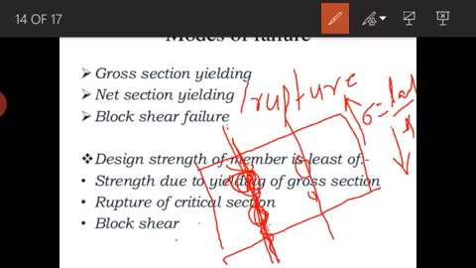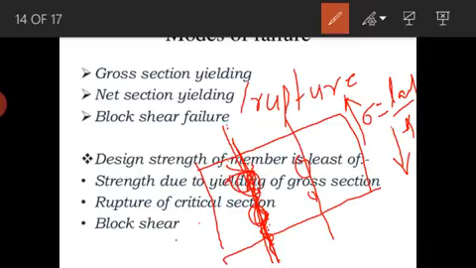To take care of this rupture failure, we need to provide a lesser number of holes, or the holes are provided in a zigzag manner. While solving a problem, we'll understand what exactly the net section rupture or net section failure is.